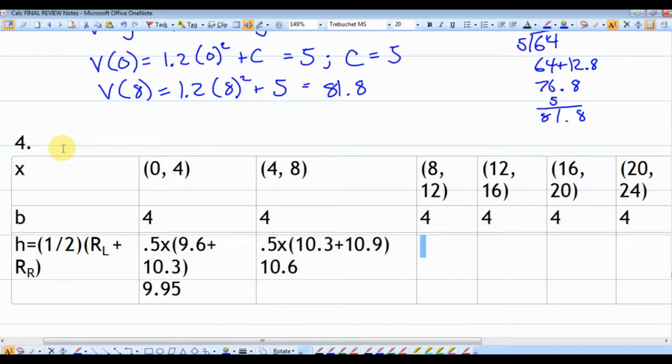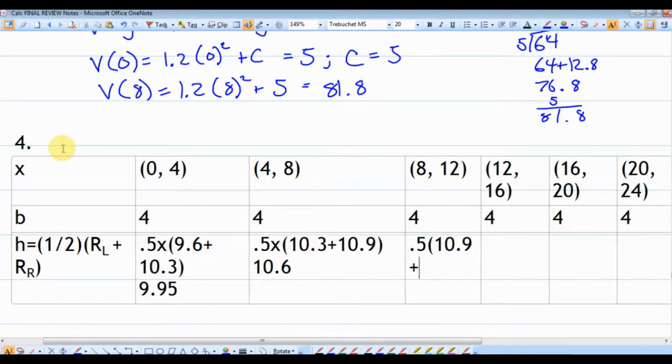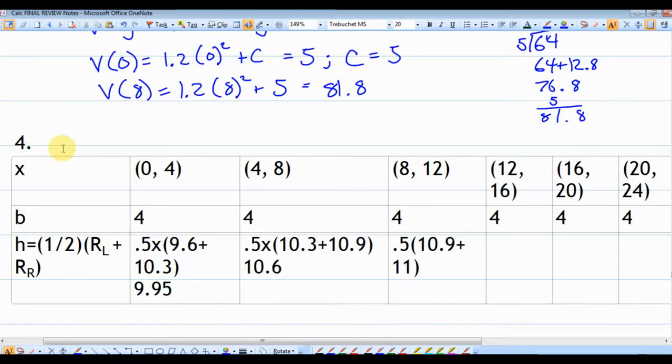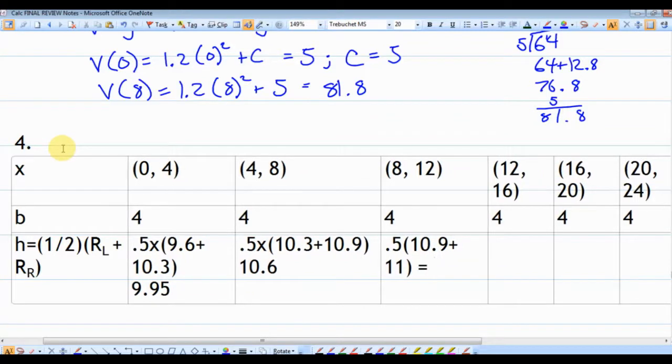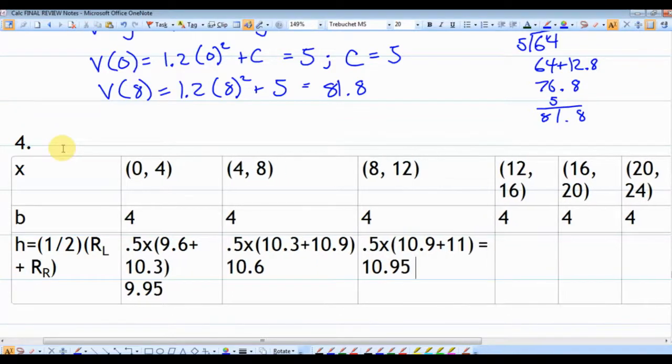Next one is the average of 10.9 and 11. I forgot the multiply sign, that's why. 10.95. Hey, you knew that already.